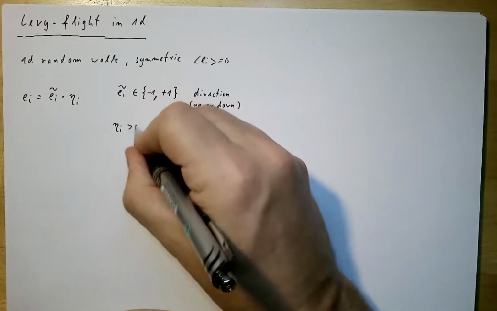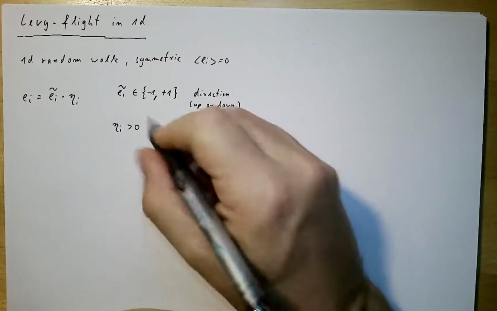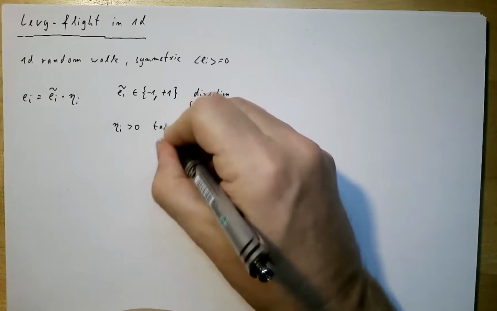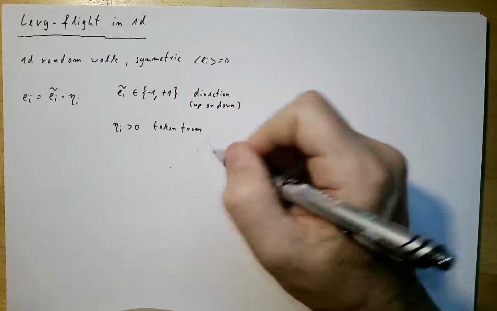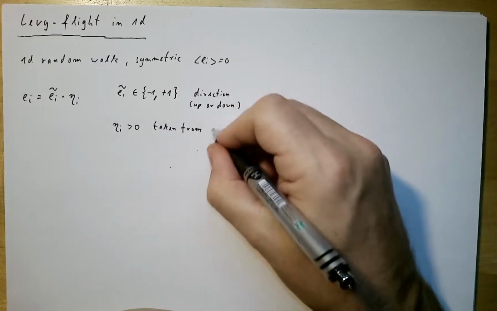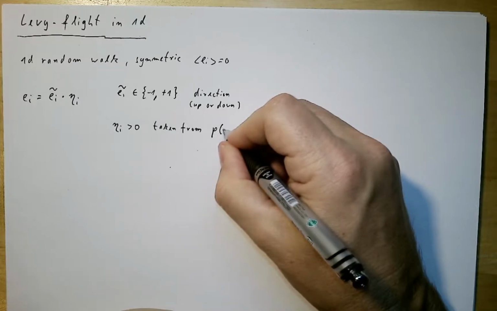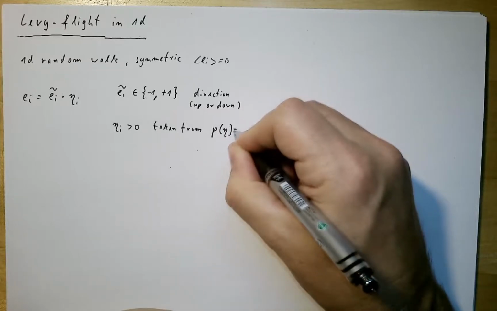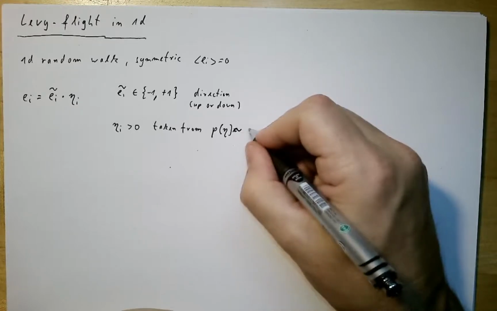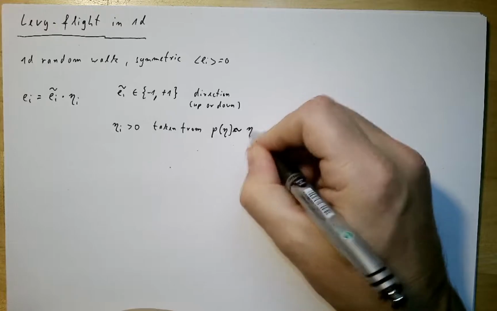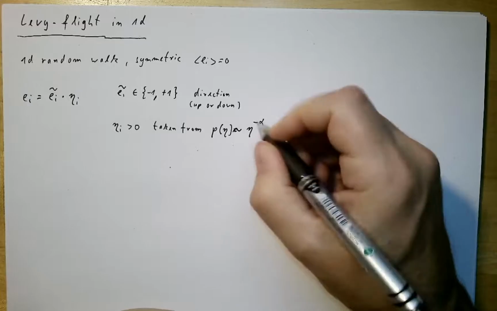And now the eta_i are all positive, and they're taken from a power law distribution, P of eta proportional to eta to the exponent minus alpha.